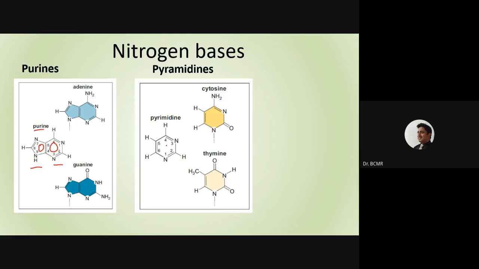It is a 6-member ring structure, and it has 2 nitrogen atoms. The numbering happens in the reverse order: 1, 2, 3, 4, 5, 6. Again, if you are referring to multiple books on just the chemistry of it, in some cases they would have put this in inverted position, and then the numbering could be different.